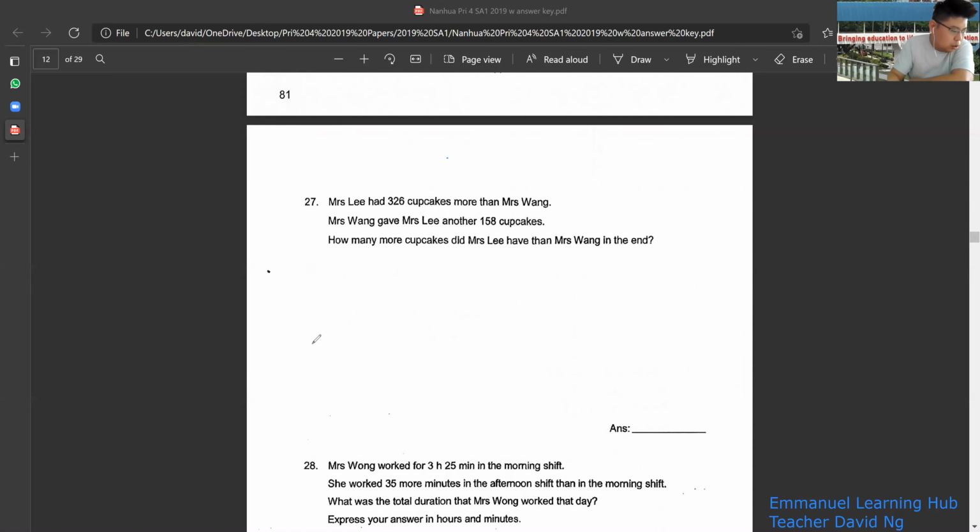No, the answer is not 168. You have to draw model, before and after model. You have to draw before.